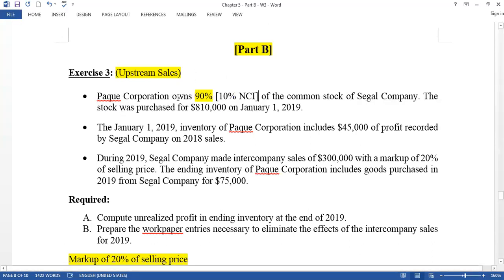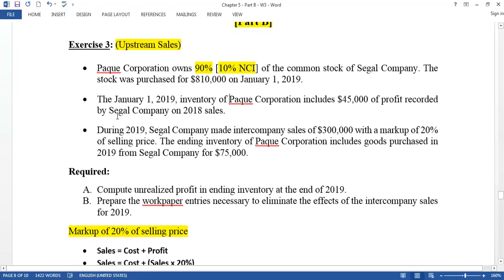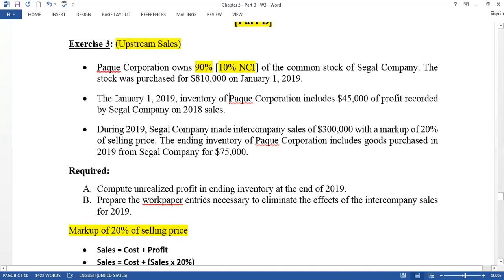So if it is upstream sales, I repeat again, that means you have to consider NCI. Okay. So here only this part is important. Exercise 3.